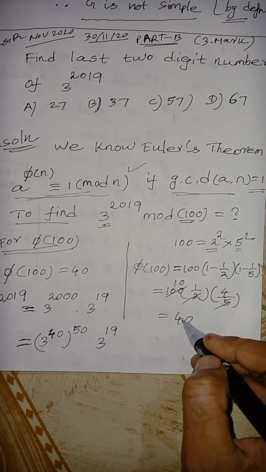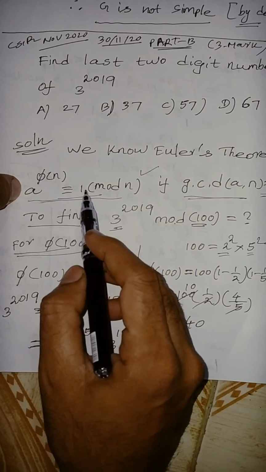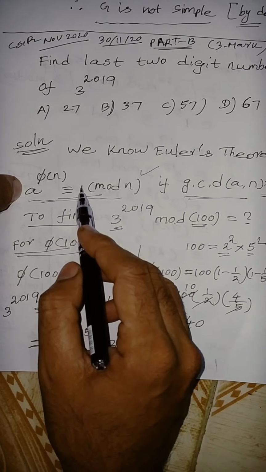So phi of 100 is 40. Then only can you apply this result.